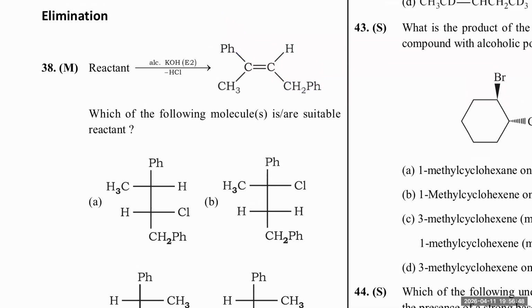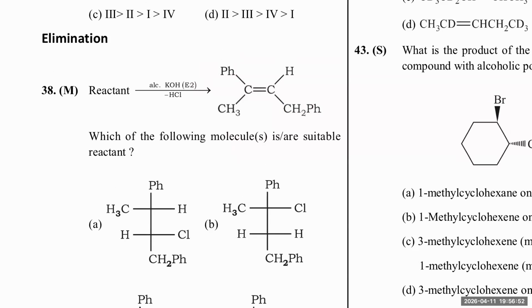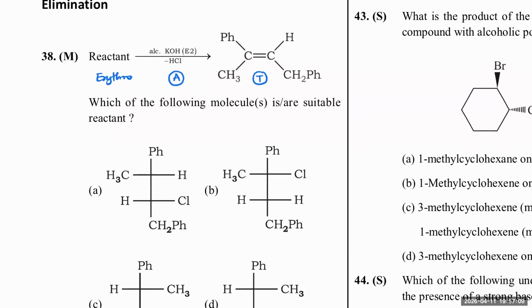Okay, correct. There are multiple ways of doing it. First, what I would suggest you go with the regular mindset of doing with the simple tricks. So if this is trans and it is making an anti-elimination, correct? So it must be from an erythro form. Must be from an erythro form.